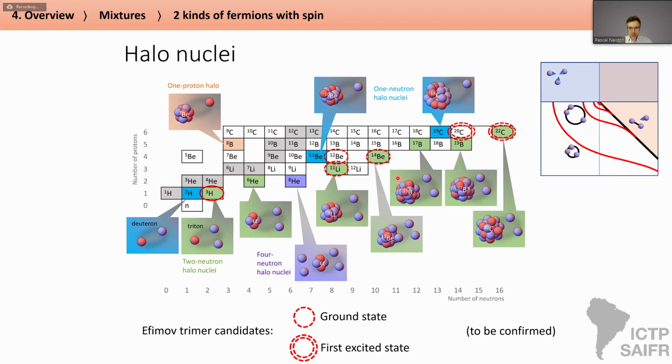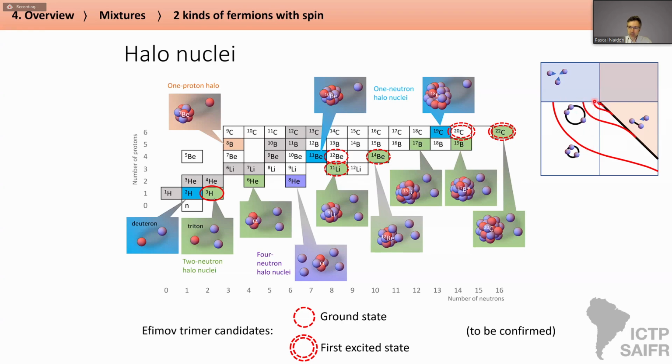Also, as you remember, the ground state usually deviates from the zero-range theory because of finite range corrections. So there are many difficulties for systems where there's only a ground state. So of course, the best we can hope for is a system where we have not only a ground state, but also an excited state.